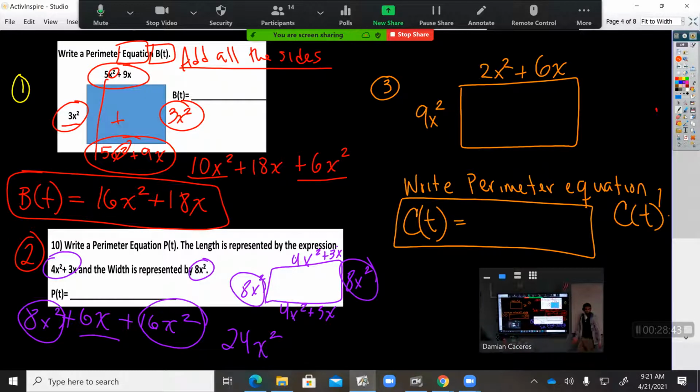And your positive 6x just comes down. Now, because they say call it P of t, you just put P of t equals in the front. Copy down the work and try number 3 on your own.